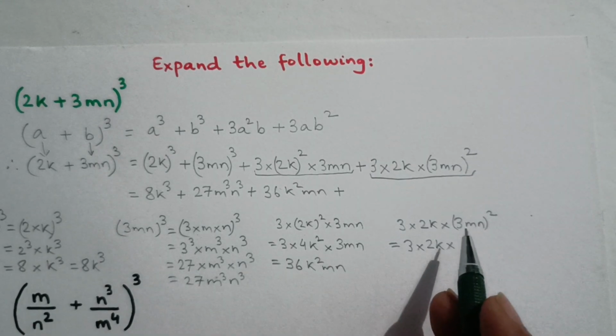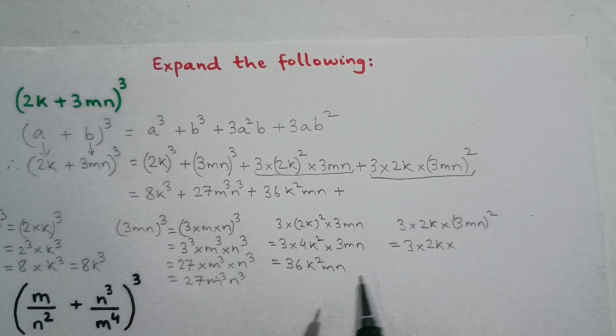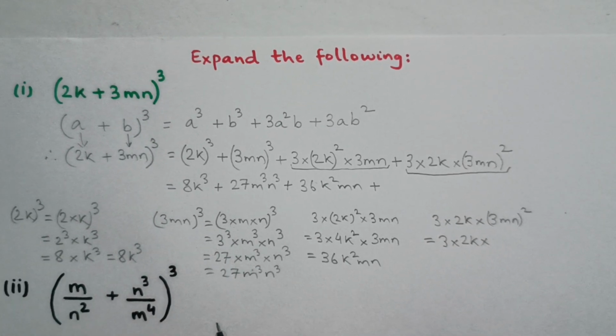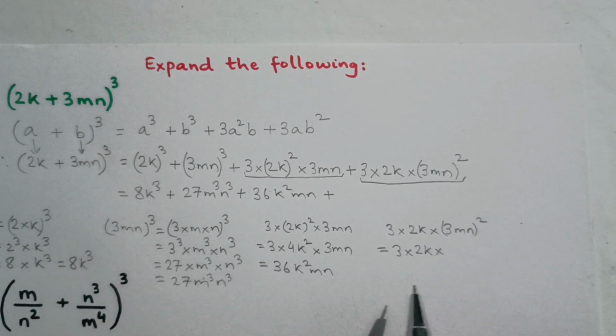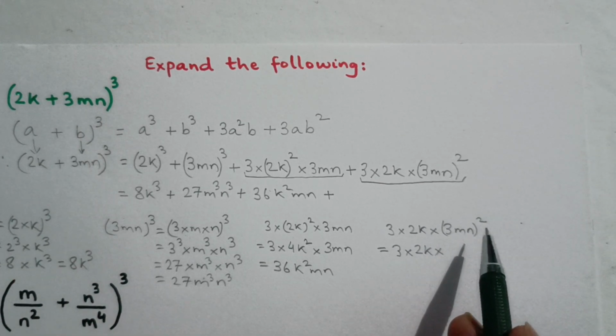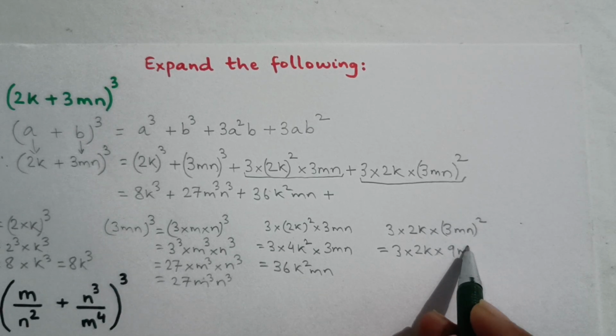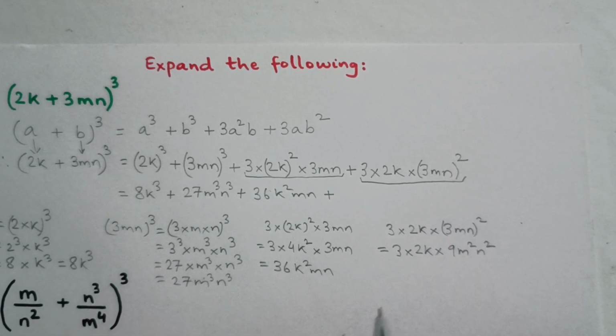How much is 3mn whole square? If you solve it just how I did these two expressions, you will get the answer as 3mn whole square is 9m square n square.